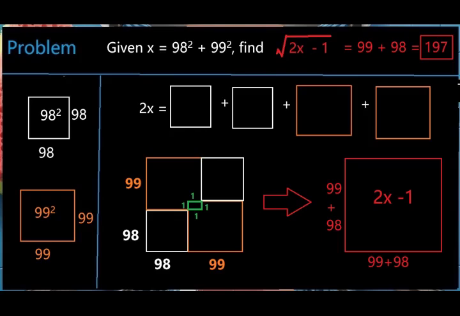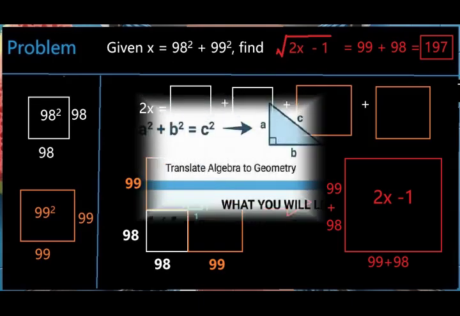The area of this new, big square is equal to the combined area of the four smaller squares, which is 2x, minus the area of a small missing square of side length 1. Thus 2x minus 1 is exactly equal to the area of this larger square, whose side length is 98 plus 99. Therefore, the square root of 2x minus 1 equals 98 plus 99, in total equals 197.